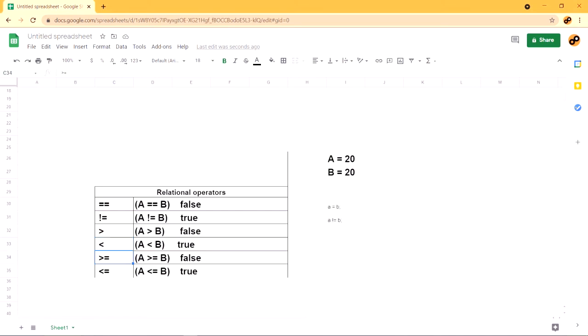And if a is greater than or equal to b, where b is 20 and a is 20, even if both are the same number, it will take it as true. And if a is less than or equal to b, it will take either case, if it is equal or if it is less than. In any of these cases it will take it as true, and otherwise it will take it as false. These are the relational operators.